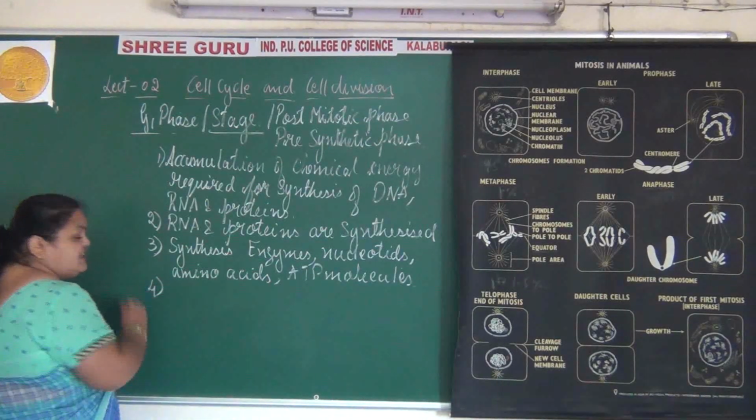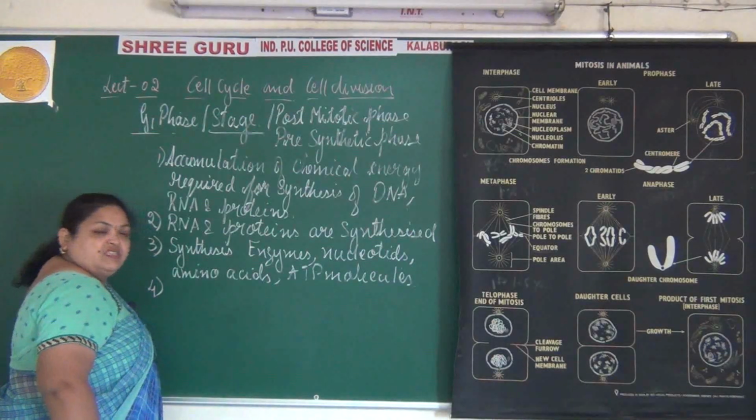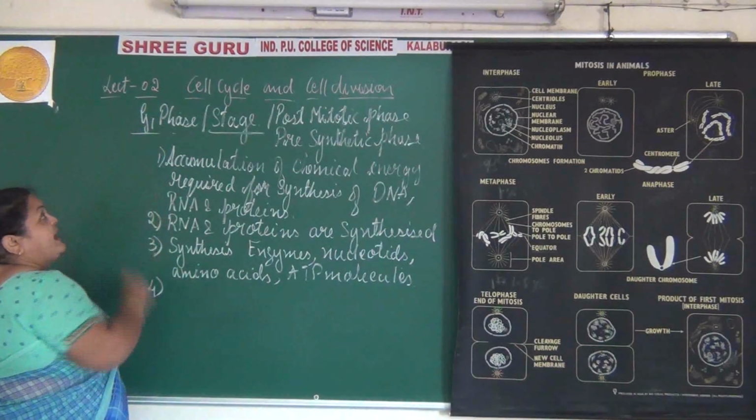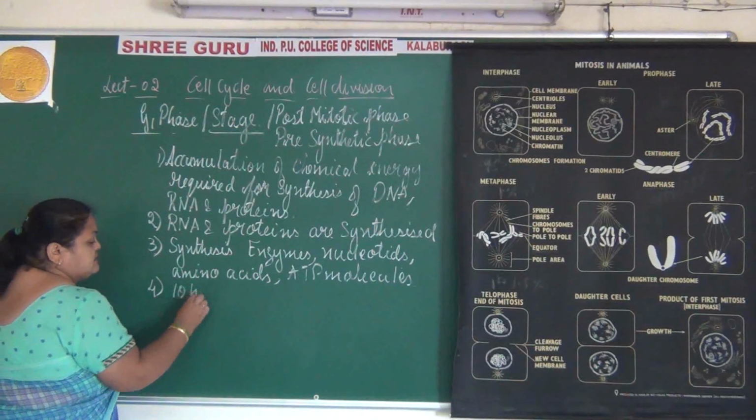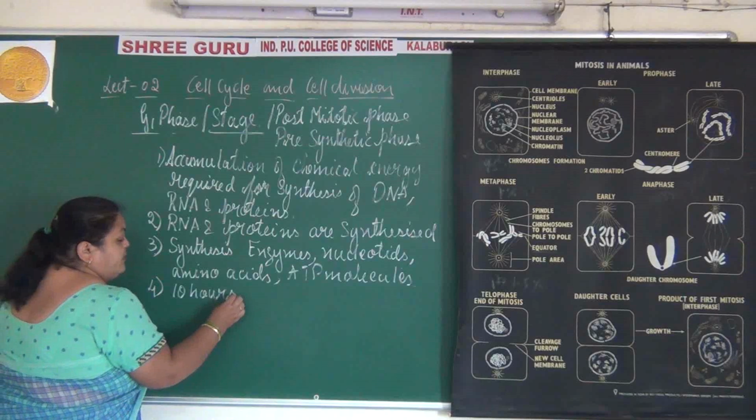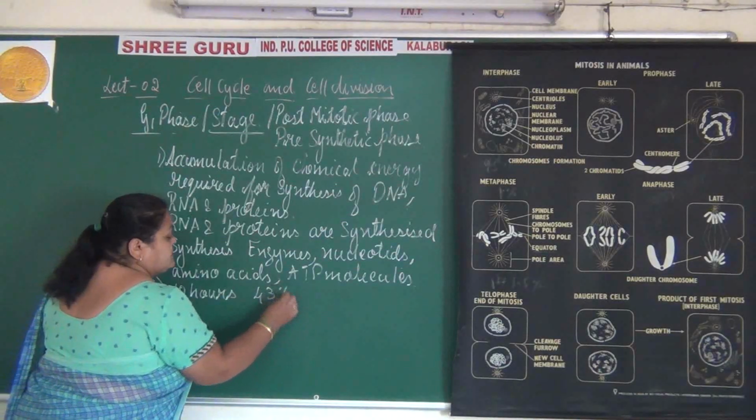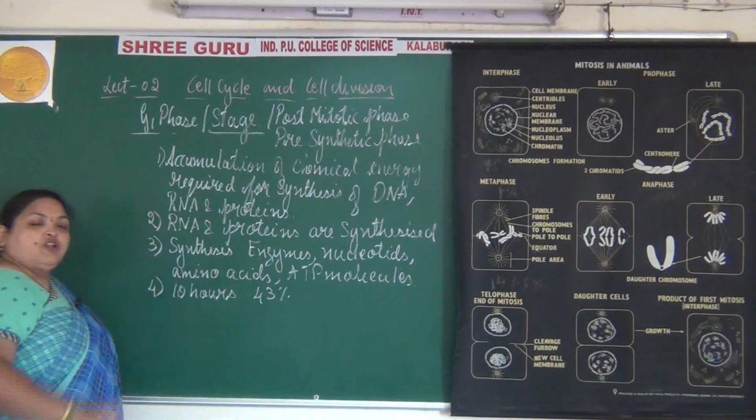We can say the generation time taken by G1 phase is around 10 hours, with 43% duration of time.